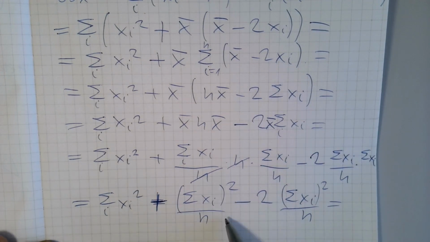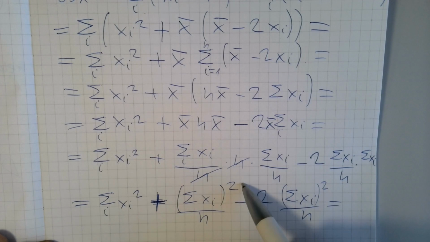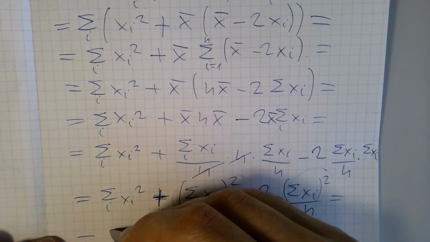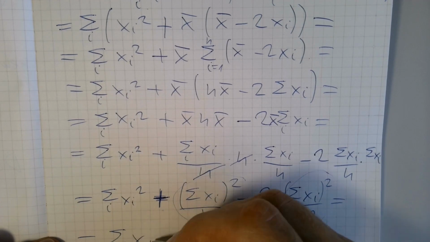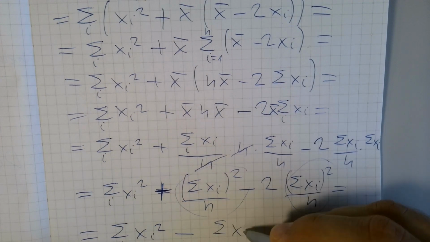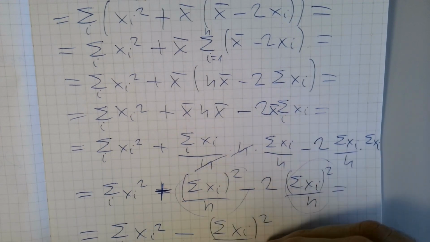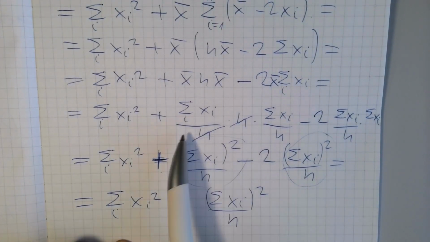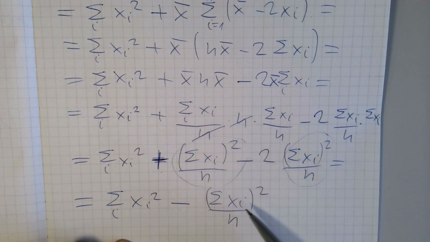I have this squared, and looking at this whole thing, this is the same, and I add it once and subtract it twice. Therefore this is just that. Since I added once, subtracted twice, that's actually the computation formula. This is what we wanted to have.